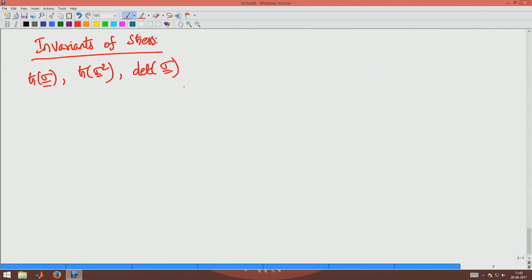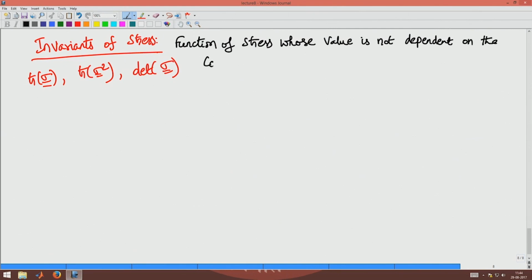These quantities that do not change with the coordinate direction, invariants of stress, are functions of stress whose value is not dependent on the coordinate system used to represent the stress tensor.